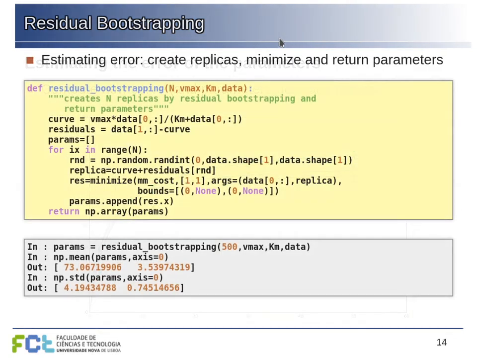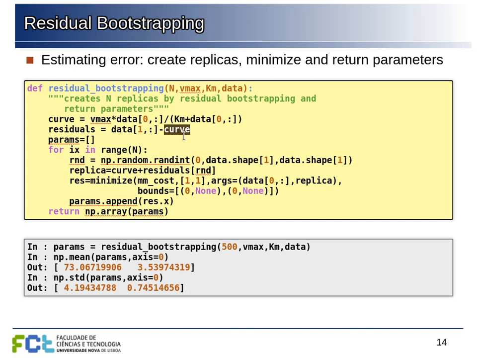Now we can compute the residuals by subtracting our predictions from the data. And this gives us the difference between the real values and what our model predicted. Remember that the second line of our data has the initial velocities, which is what we're trying to predict here. Okay, so now we can create a list where we're going to store our parameters.